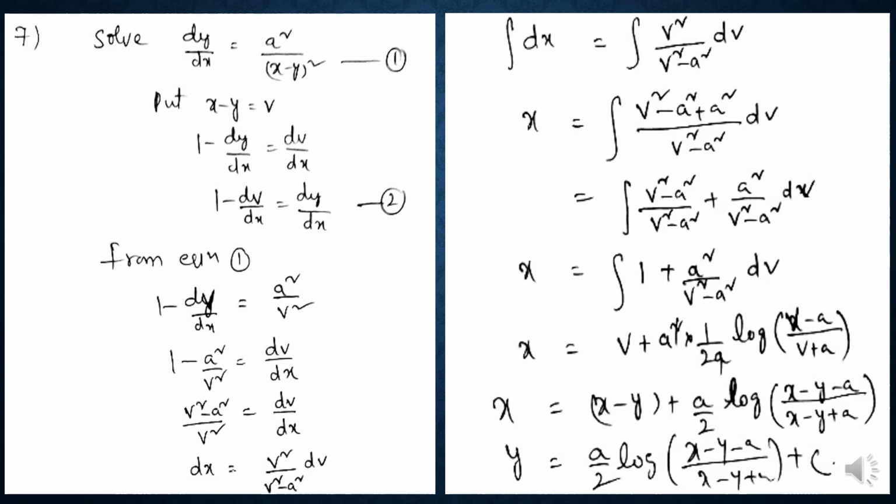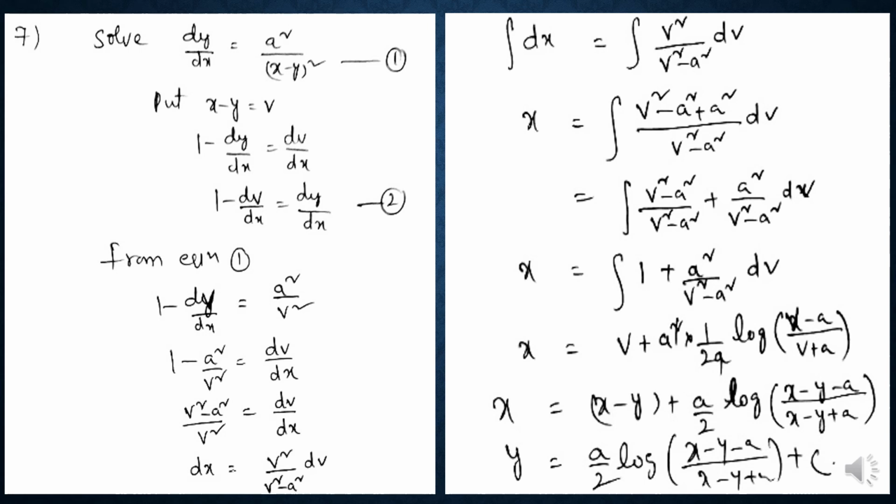Now by writing this as two terms, that is integral of v square minus a square by v square minus a square plus a square by v square minus a square dv, that is integral v square minus a square by v square minus a square is 1 plus a square by v square minus a square dv.